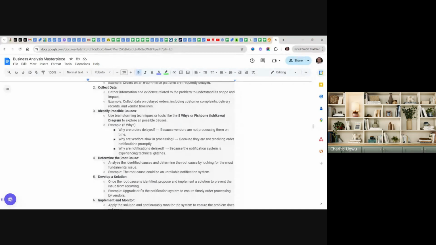Many of the applications we are using are third-party applications. So it might be that the application integrated with the e-commerce platform to send notifications is not reliable. If that's the case, then it means you have to change the notification system operator.